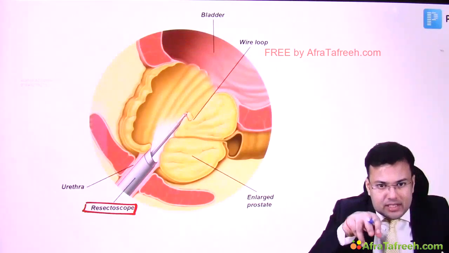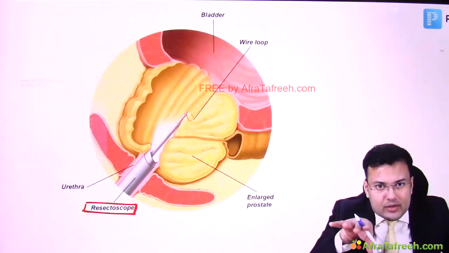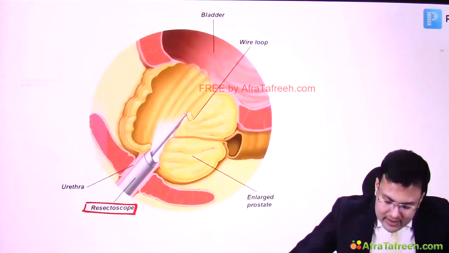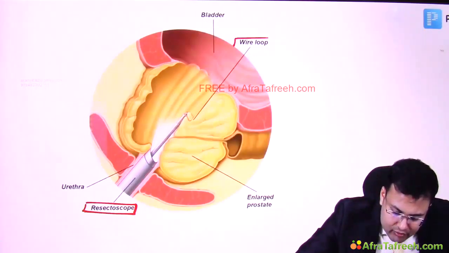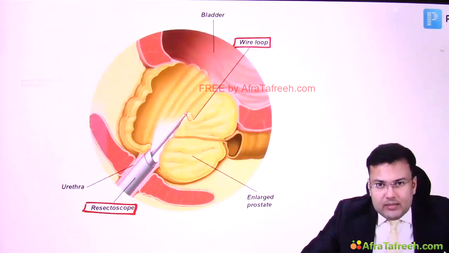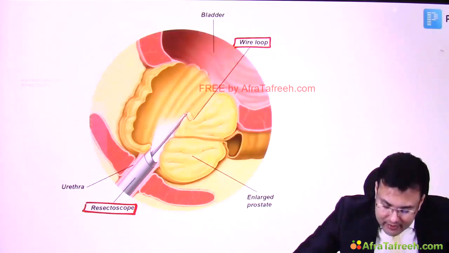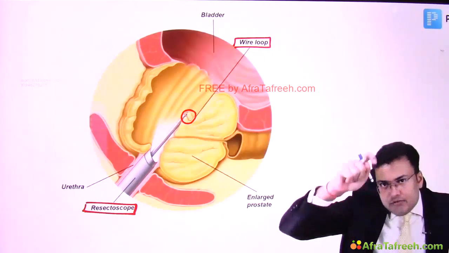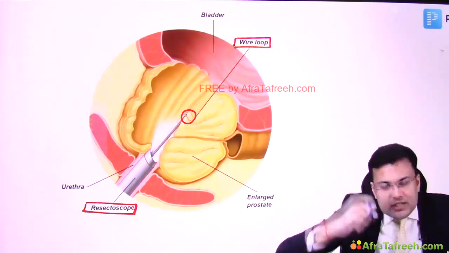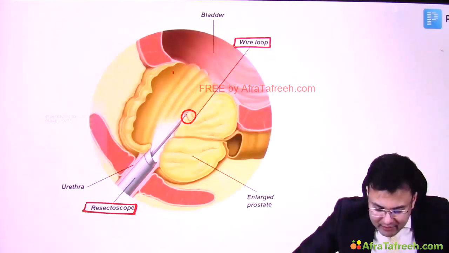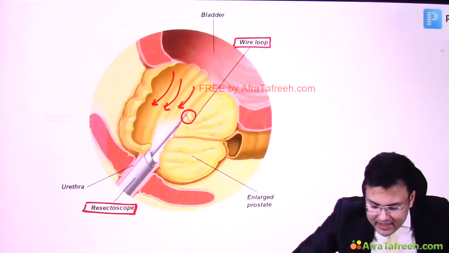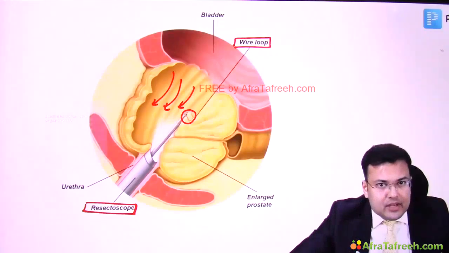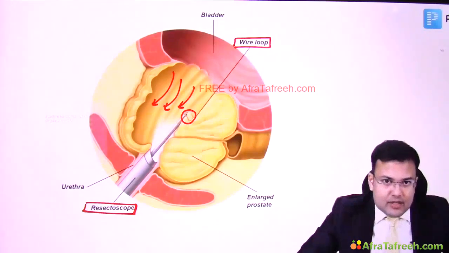With this resectoscope we go inside the urethra, and within it there is a wire loop or diathermy loop or helix evacuator. With the help of this loop, we remove the chips of tissue and clear the obstruction. So this is transurethral resection of prostate.